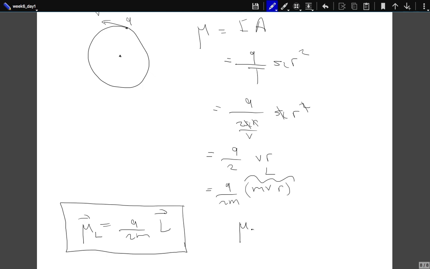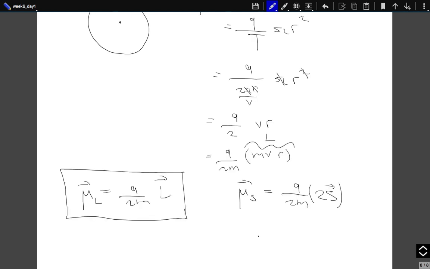There is a corresponding contribution due to spin. It basically has more or less the same form, but the factor is not just S, it's 2S in general. Now, this 2 is called the gyromagnetic ratio.